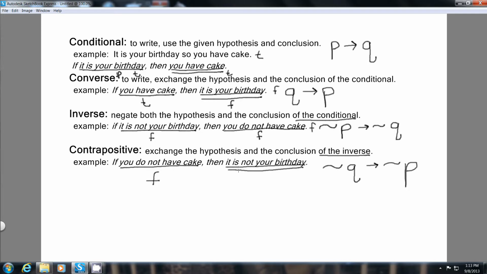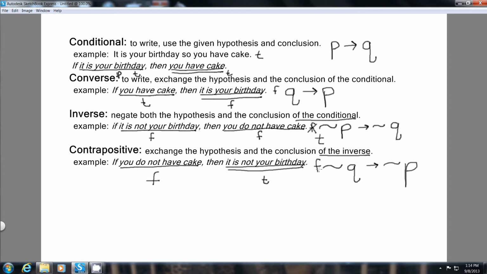Well, if you do not have cake, it is not your birthday. So that is true. I have to back up one. Anytime the hypothesis is false, the conditional is actually true. So we actually have two true statements and two false statements.